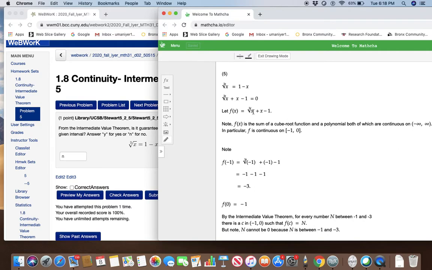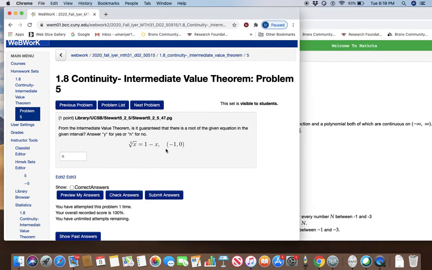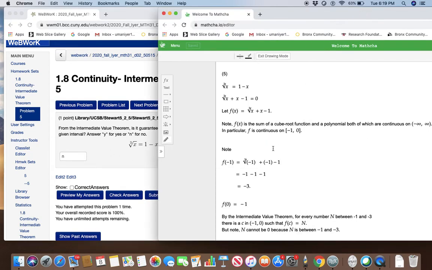This is a cube root function and this is a polynomial. Polynomial is continuous everywhere, so is cube root. In other words, f, which is a sum of continuous functions, is continuous on the entire number line. In particular, on the interval -1 to 0.